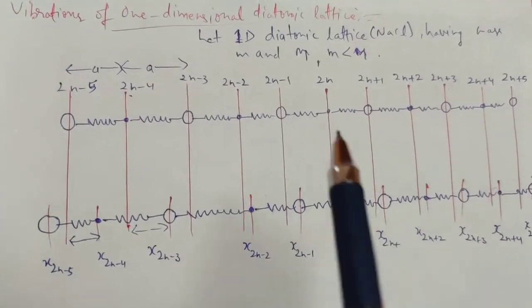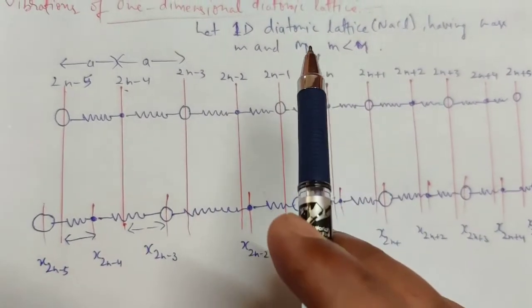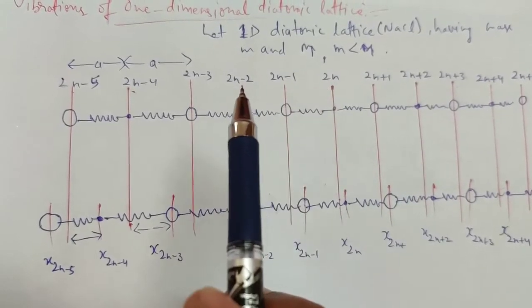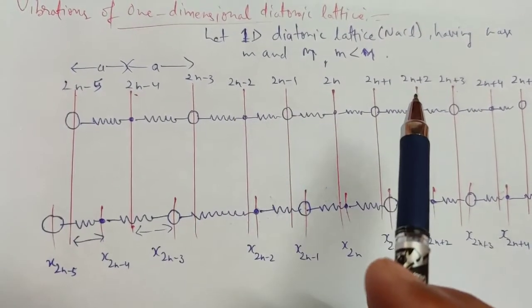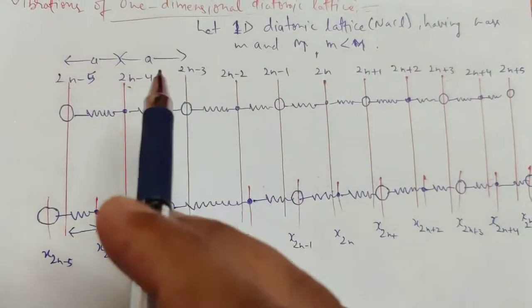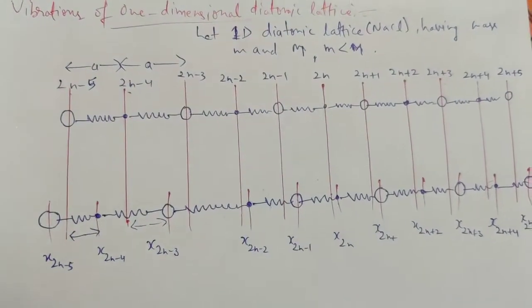One important thing is that the smaller mass is placed at even-numbered sites, that is 2n, 2n minus 2, 2n plus 2, and the bigger one is placed at the odd-numbered sites.